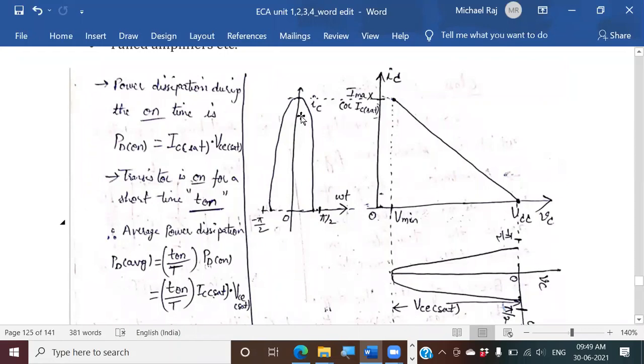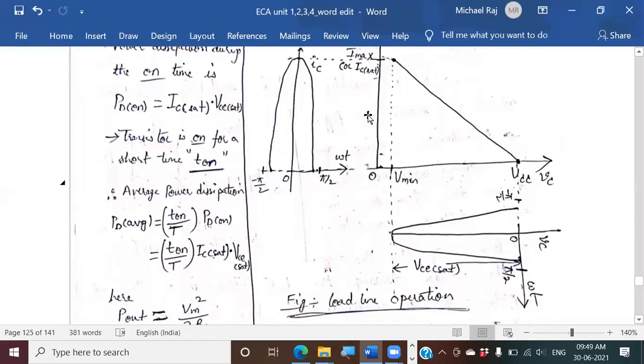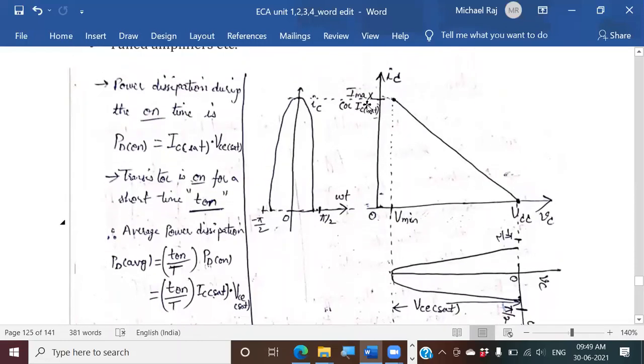So during the on duration, when we have the signal, the current is IC sat. IC sat happens to be the height of this particular signal.